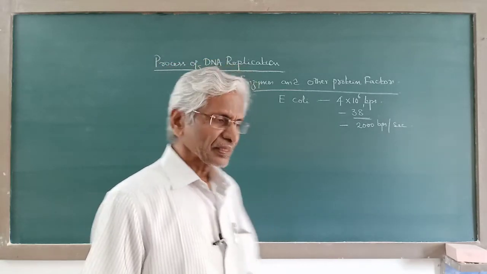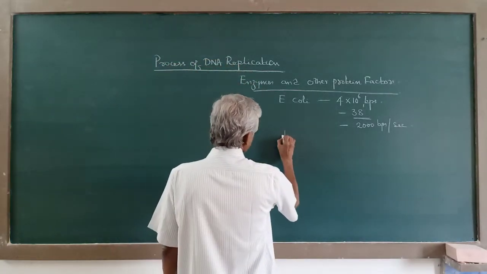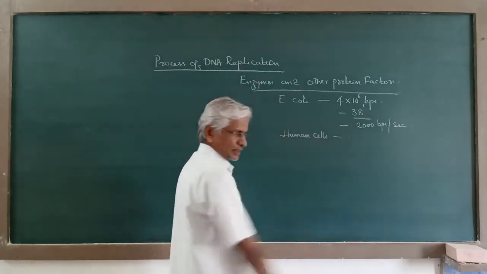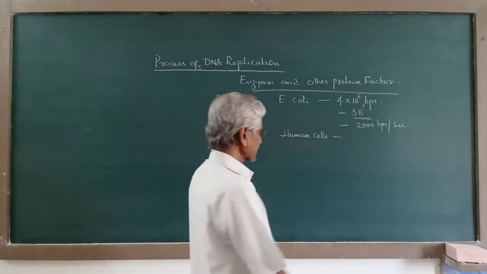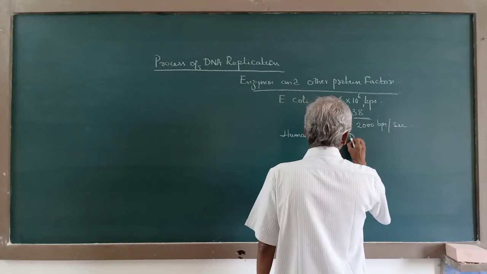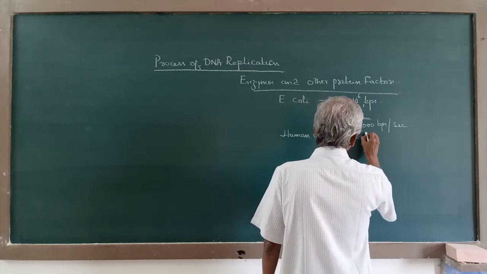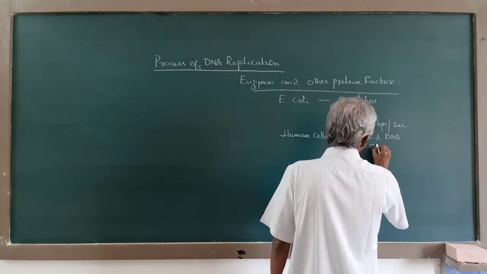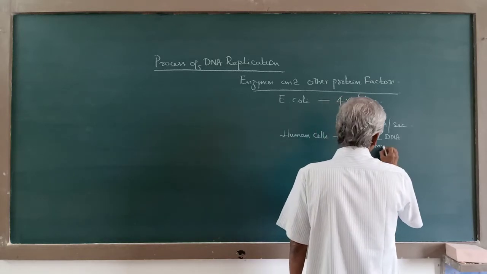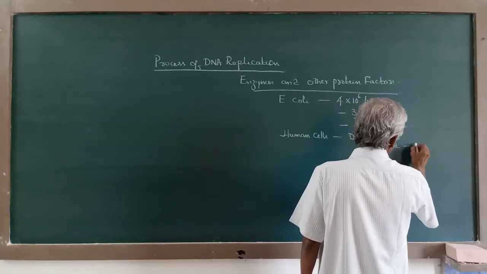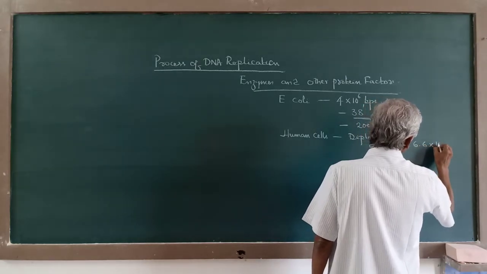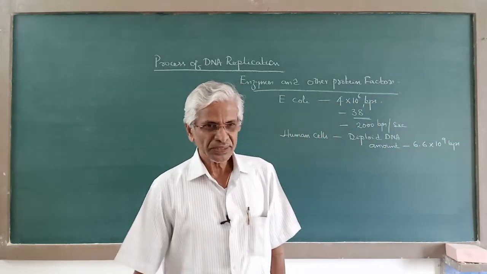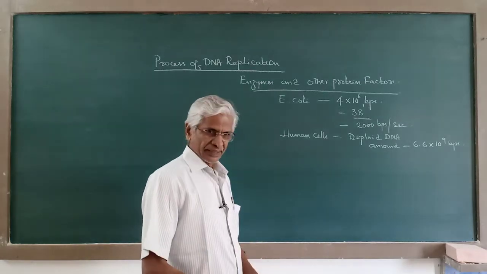Similarly, in human cells, the diploid DNA amount is given as 6.6 into 10 to the power 9 base pairs. Now this is the length of the DNA.